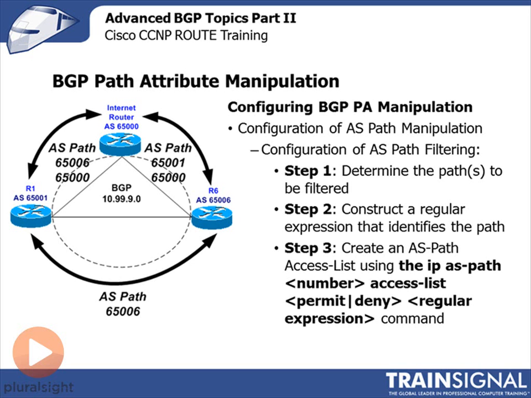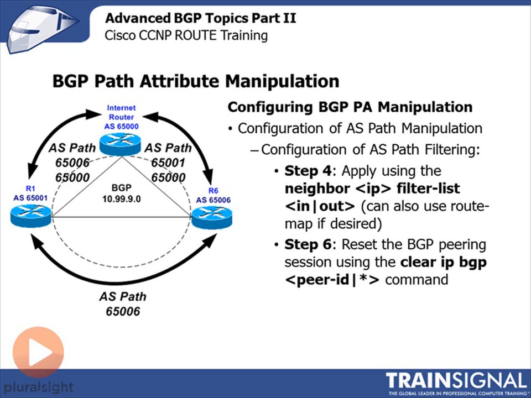Its only purpose is to match a string of regular expression characters. So you use the ip as-path access-list number, permit or deny, and then the regular expression within it. In order to apply the filter list, you do the neighbor IP filter-list, in or out, with the access list. And then once you've done that, remember you use the clear ip bgp command in order to reset the particular neighbor or neighbors that you're trying to apply that filter list to.